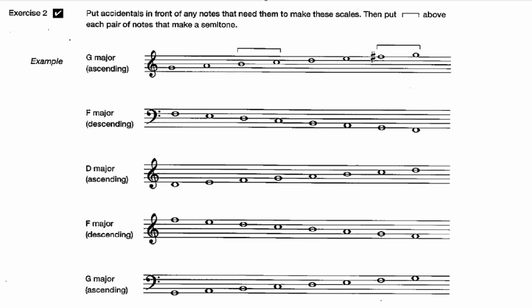So here we have another exercise, this time where we have to put in accidentals in order to make these scales major. Notice some of them go up and some of them go down. I'll label on the notes as they currently are. In the example we have an F sharp, and I guess I should make room for that piano keyboard.